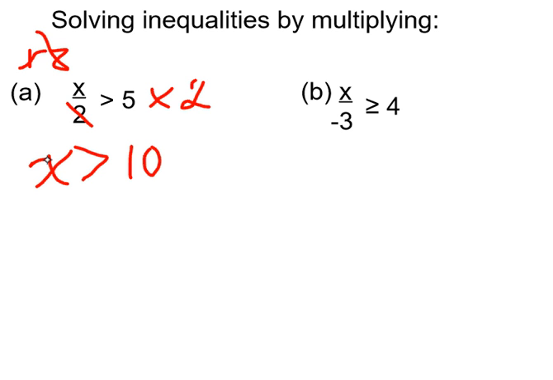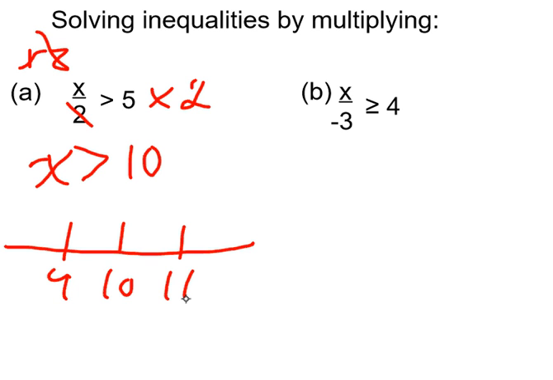So all I have to do is multiply both sides by 2. And then again, I'm going to graph this inequality. So in this case, greater than 10, I'm going to have an open circle, and then anything greater than 10 is to the right.